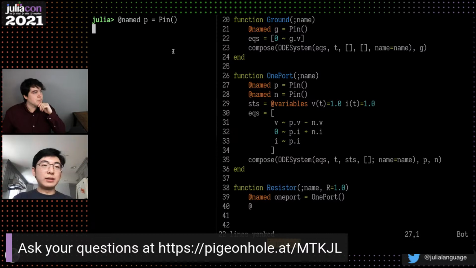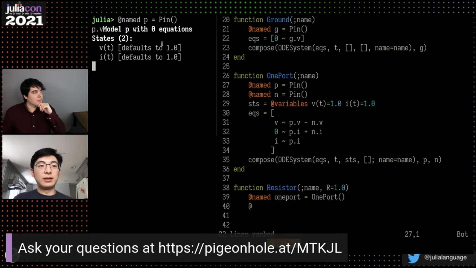So if we just do p.v, then it returns a variable that is namespaced, right? So basically, the v variable and the v variable that we got from this get property are different variables, because after the get property, it is namespaced.